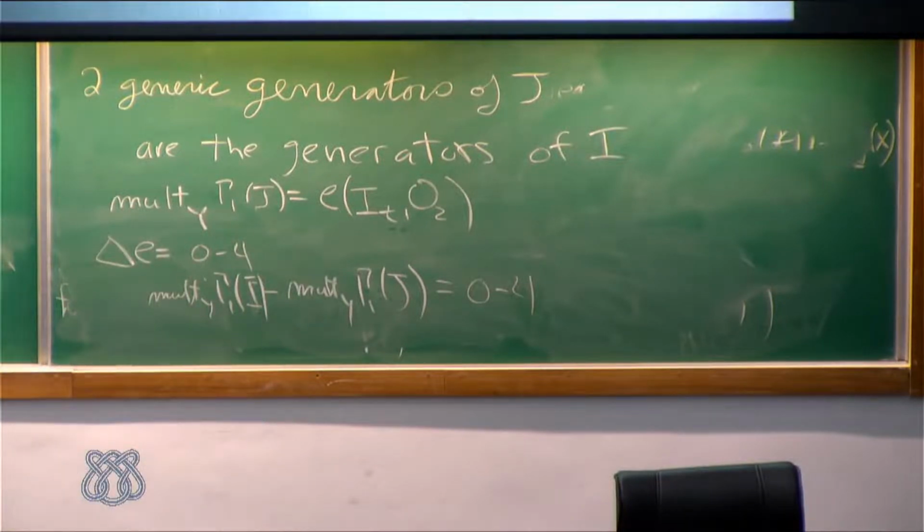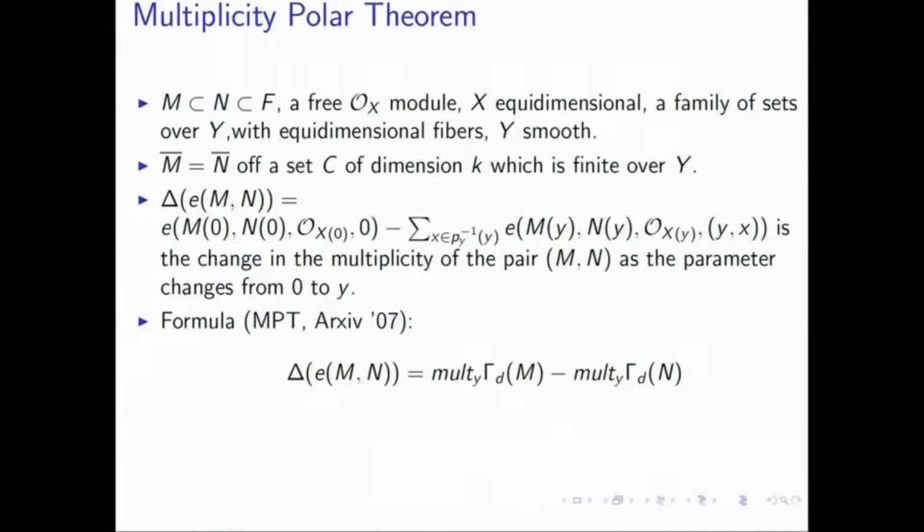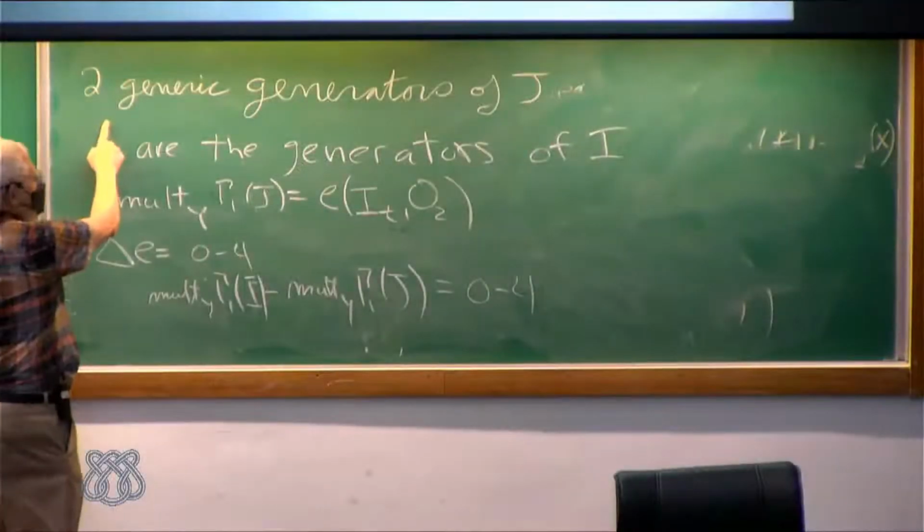Your question? Can you, maybe you said this, but what is this polar multiplicity of j again? Which number? Right. So we can even draw a picture here. We take two generic generators of j.